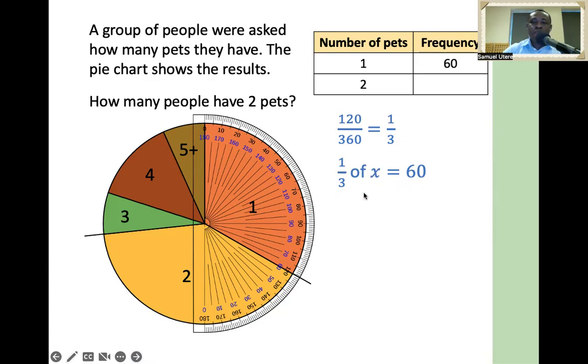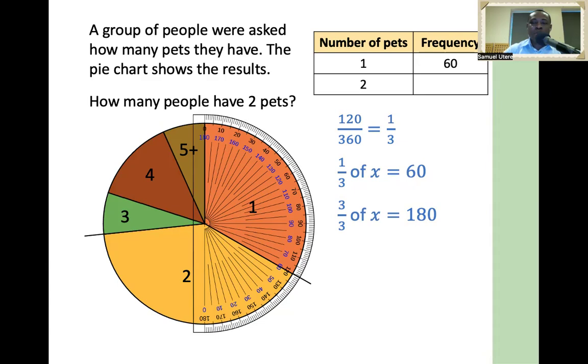But in this case, we'll do an inverse operation. We do not know the actual amount we used to get this. So we're going to multiply by the denominator and divide by the numerator. So that should give us 180.